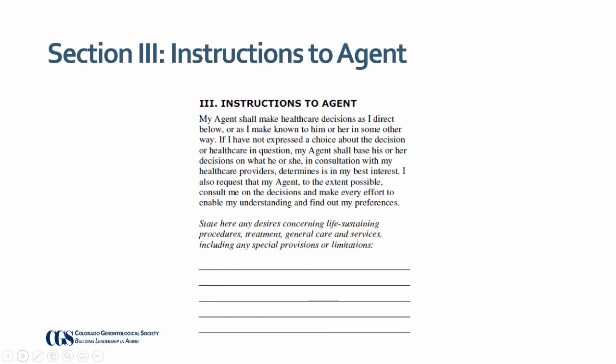So you could say in here anything about your preferences regarding life sustaining procedures, any type of treatment, general care services, if there's any medical concerns or health concerns, diagnoses that you have, or if you have some religious preferences that you wish to be respected. This is also a place where you can note these things.